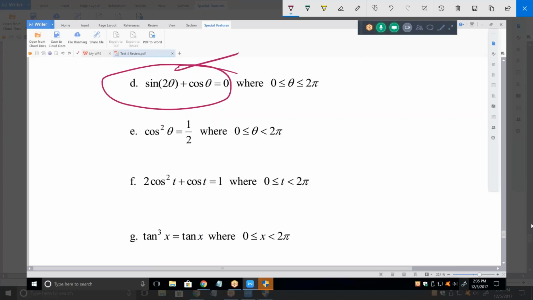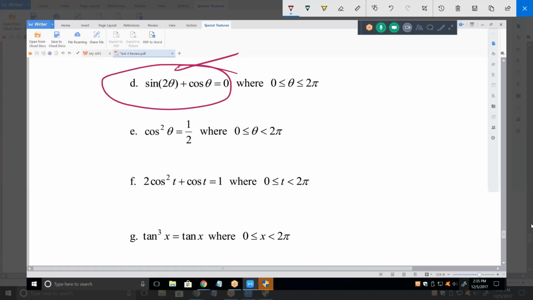What's the identity for sine of 2 theta? Again, back to identities. And again, if all you had is a cheat sheet, you wouldn't necessarily know to use the sine double angle. But if that's all you had, go ahead and look it up. Tell me what sine of 2 theta is.